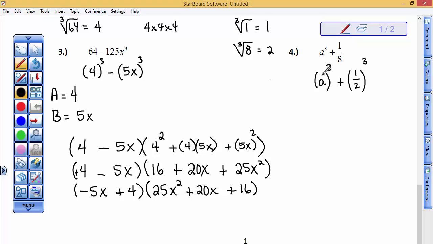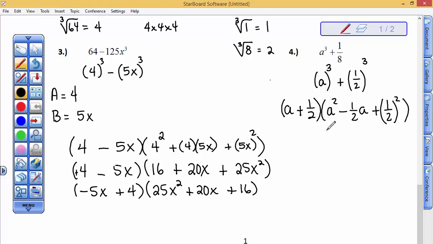So now I just have to put the a and the 1/2 into the first binomial. Then the a value squared as the first term. This sign has to be opposite the plus sign. It's the a times the b. It's the 1/2 times the a. And finally, this sign is always positive. In this case, it's the 1/2, which is squared.